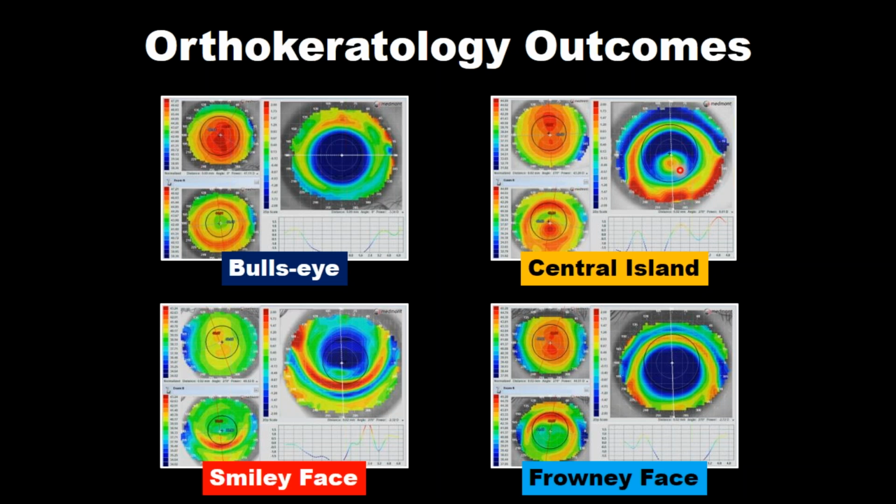It'll tell you when you have the central island with the slight inferior decentration that it's usually associated with. It'll show you when you've got that big smiley face outcome with a decentered treatment zone high. It'll show you when you've got the frowny face, which is the opposite of the smiley face, slightly low.